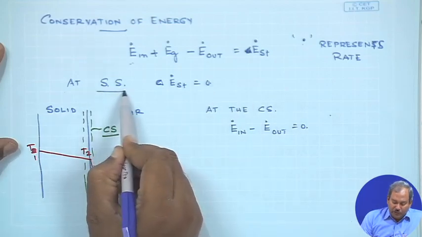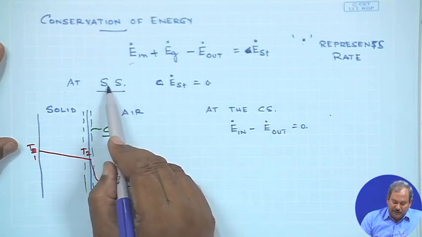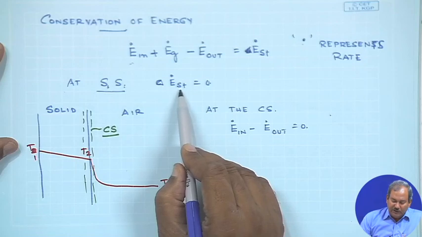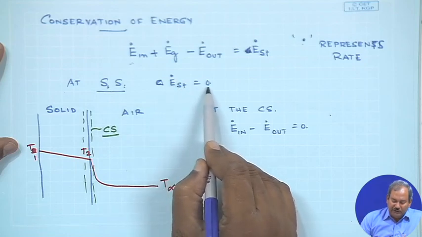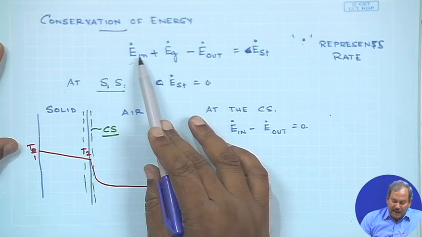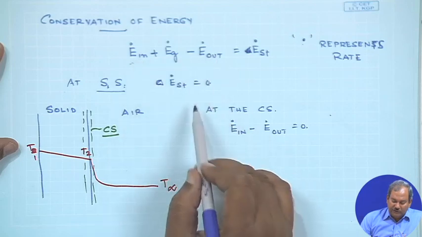At steady state, E dot st, the rate of energy stored, is equal to 0. That means there is no net storage of energy as a result of these three processes.